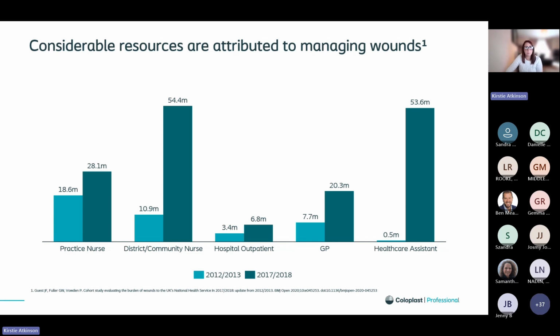So you can see a massive jump into district and community nursing resources, as well as more healthcare assistants being utilised to do wound care as well. And this is data that goes back like 8-9 years, so we can assume that will have changed and then will have jumped again.